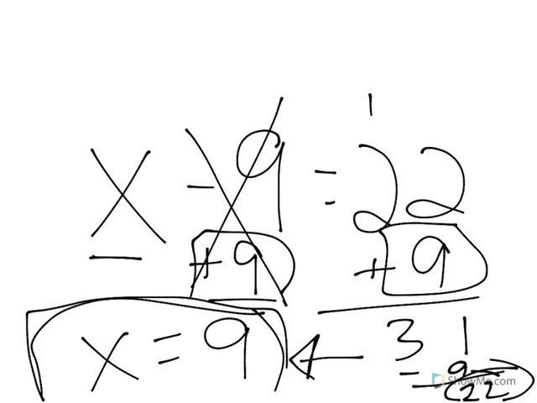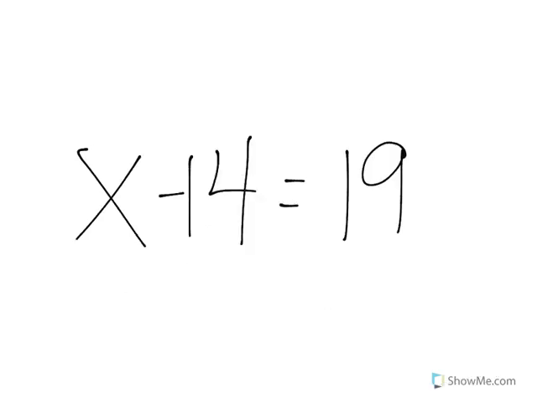Okay, I'm going to show you quickly the shortcut, and this works for addition problems too. So, the first thing we need to do is get the x alone. Since we know that we have to do the opposite to x, and we know that's going to cancel out, I could write plus 14 under that left side over here, but I know that that would cancel out and be 0.